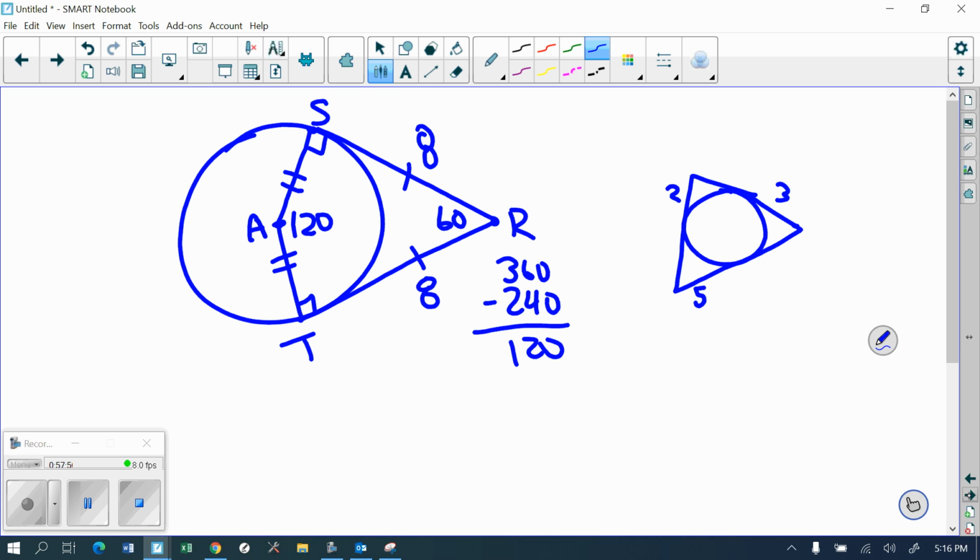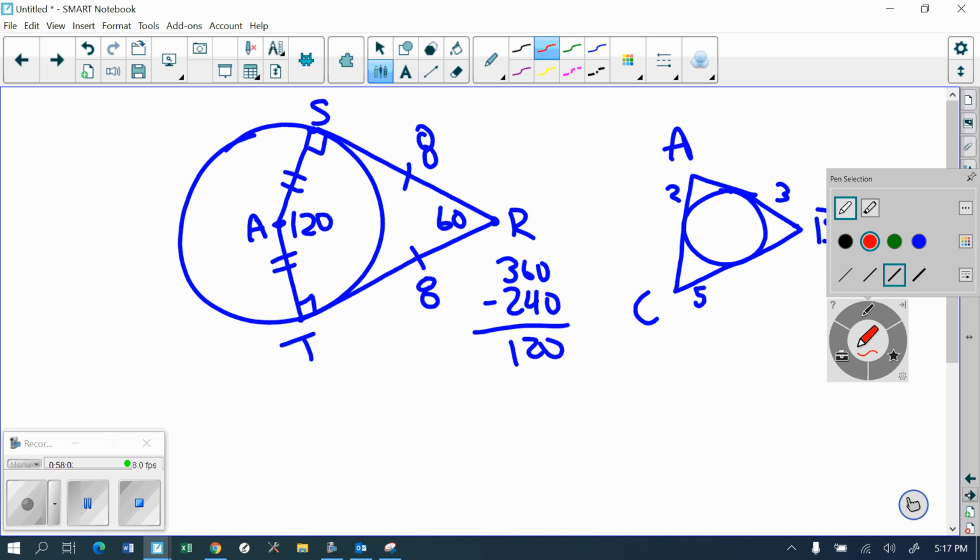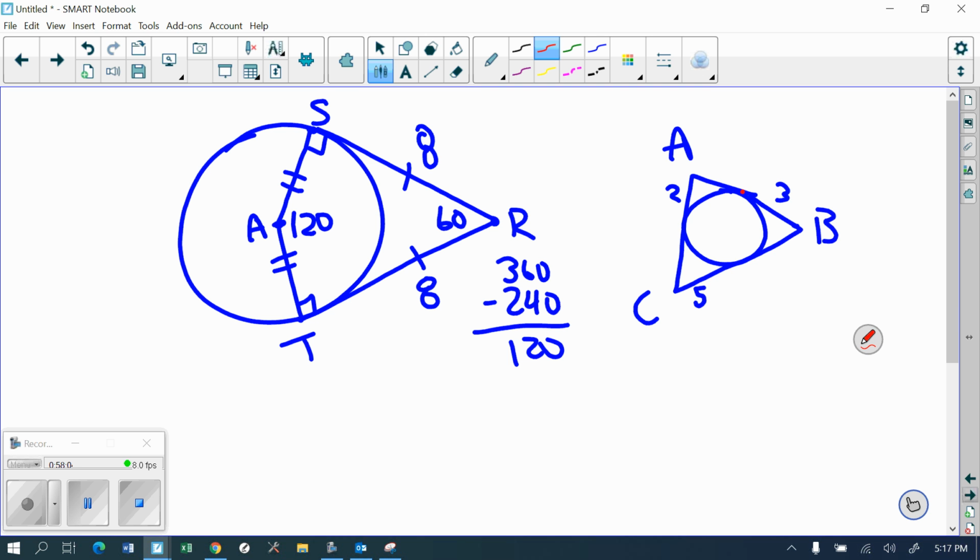It says find the perimeter of triangle ABC. Well, since I just said it, I should know that these are tangents from the same point. So that makes this 3, this 5, and this 2. Now I can add up the sides and have the perimeter. 5 plus 7 is 12, plus 8 is 20, equals the perimeter. So you need to know that.